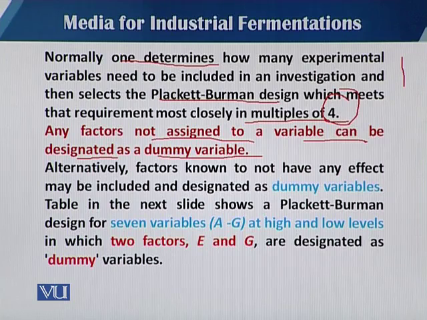If we say there are 4 trials, 2 or 3 you can set as dummy trials, which are not actually part of the significant variables. It is compulsory to design dummy variables, which is very important in the case of Plackett-Burman design. Alternatively, factors known to not have any effect are known as dummy variables.